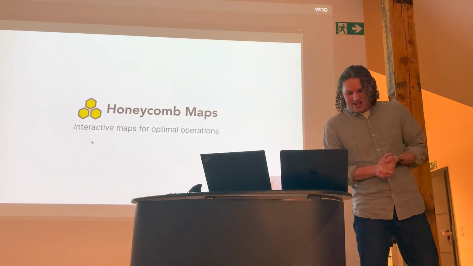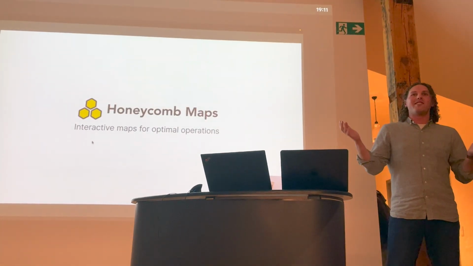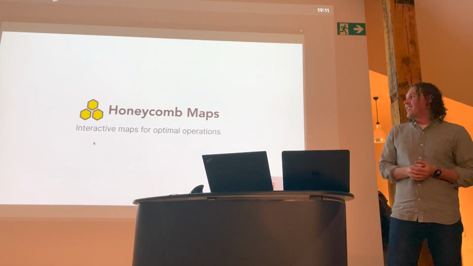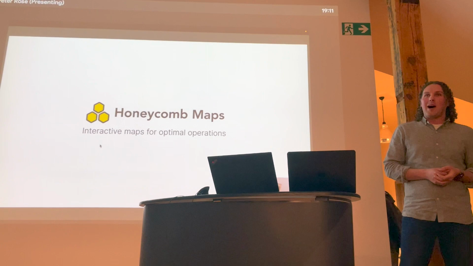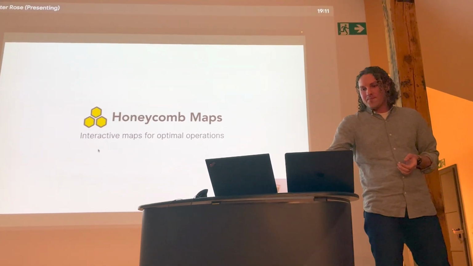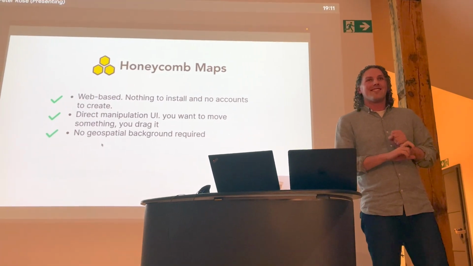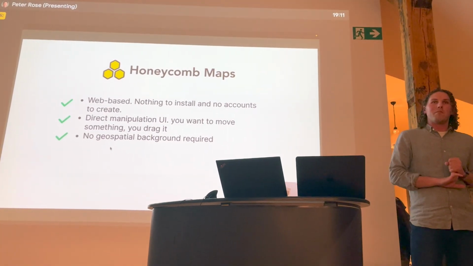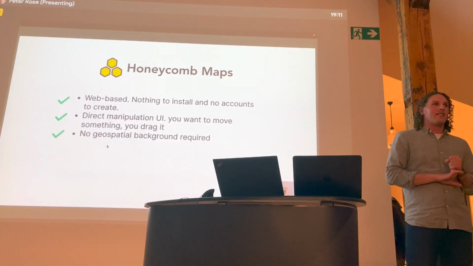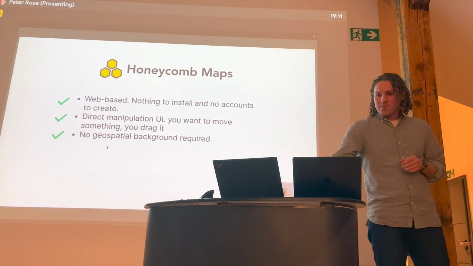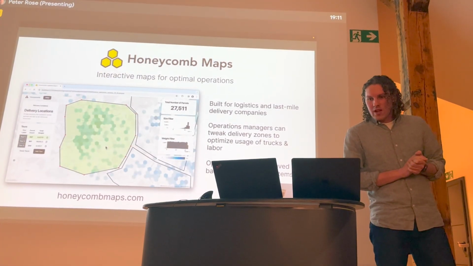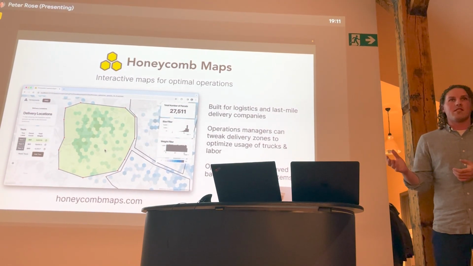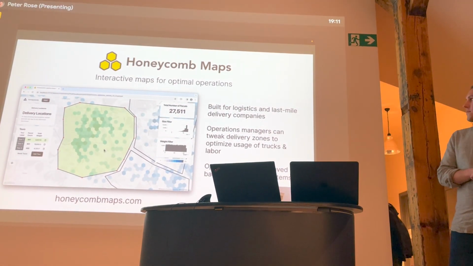And so I built the application that I wanted at my last role. It's called Honeycomb Maps, and it is interactive maps for optimal operations. It's web-based, it has a direct manipulation UI, and there's no geospatial background required to use it. So Honeycomb is built specifically for logistics and last mile delivery companies.